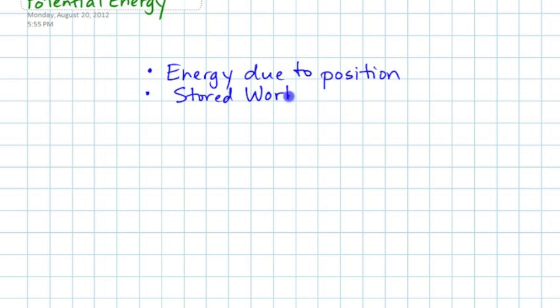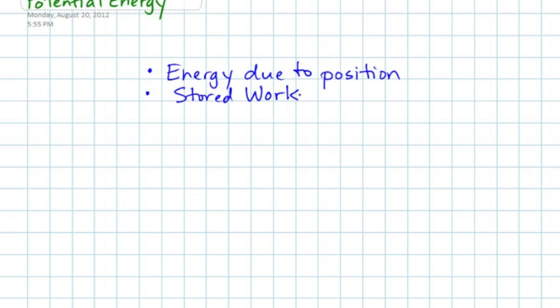You could think of potential energy as energy due to position, or the other way you could think about it is not stored energy, but stored work.